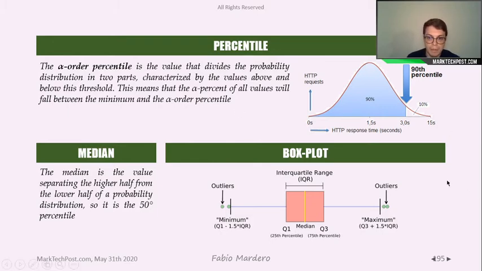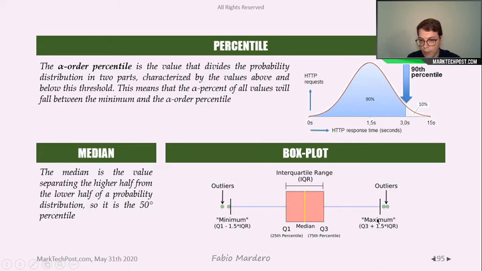The box plot is a graphical representation of some of these properties. For example, we have the median, we have the 25th percentile and the 75th percentile, which make our interquantile range. We have the minimum, which is not the real minimum, but is computed using a particular percentile minus some factor multiplied by the interquantile range.